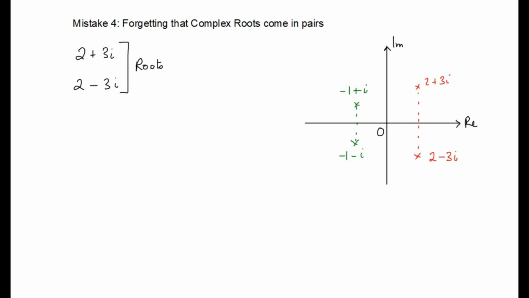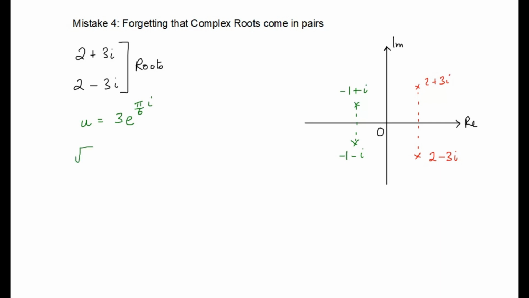This is also useful for you to know, especially when you're rooting complex numbers in exponential form. So for example, suppose they give you a complex number, u is equal to 3 e to the power of pi by 6 i, and ask you to find the root of this complex number. So remember, they come in pairs.